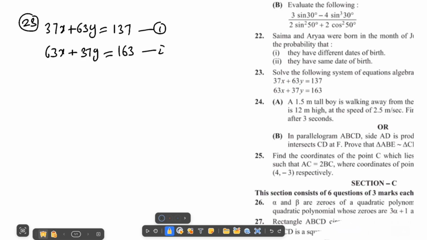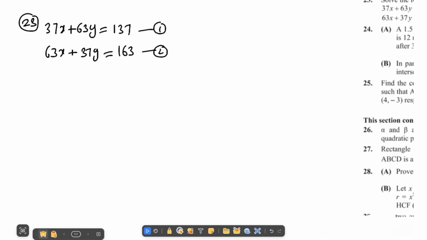Let this be equation 2. As I told, when the coefficients of x and y are interchanged, the shortcut to solve this one is, first of all, we have to add these equations once and subtract these equations once.